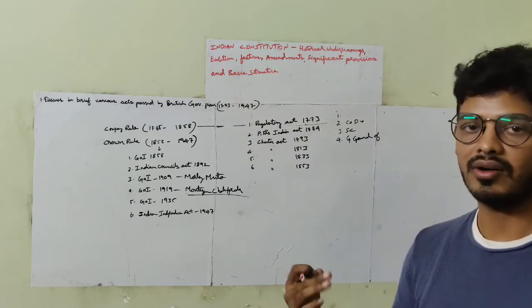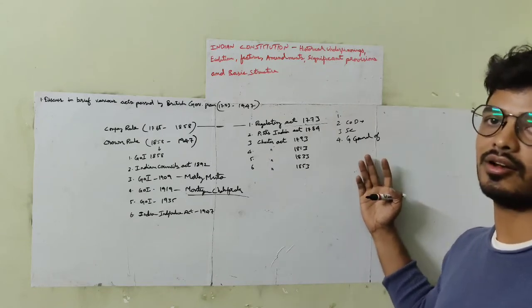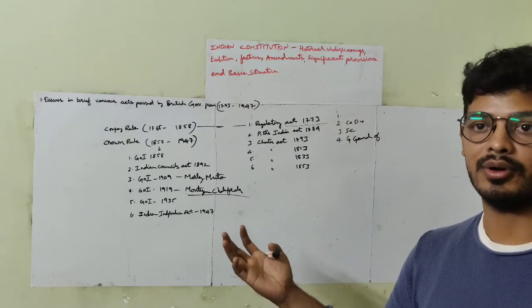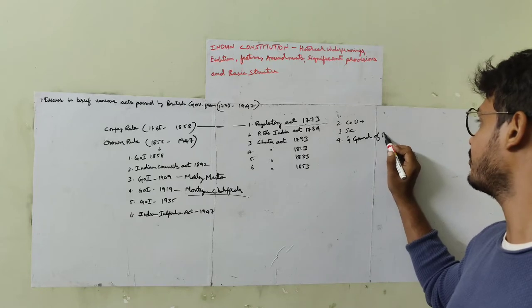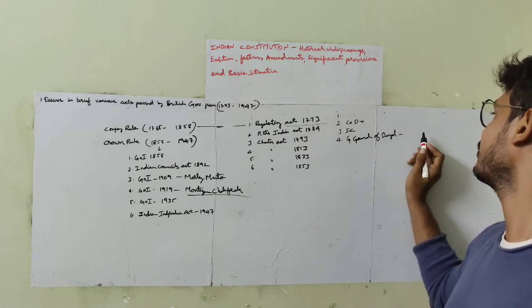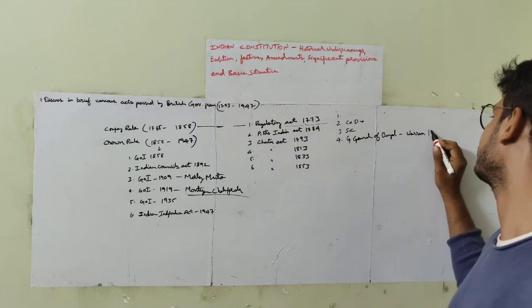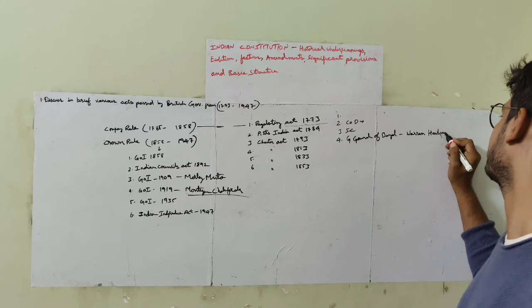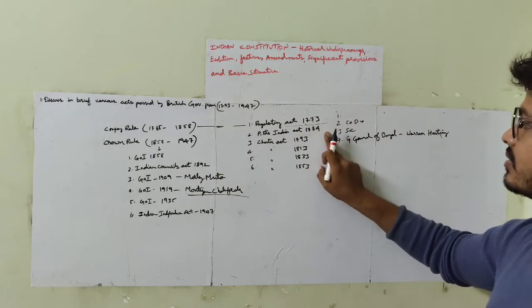Actually, there were many governors, but the Governor of Bengal was called the Governor General of Bengal, and he was made superior to Bombay and Madras, these presidencies. The first Governor General of Bengal was Warren Hastings. This is all about the Regulating Act of 1773.